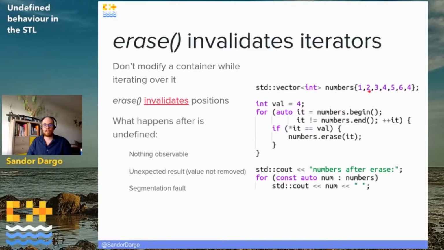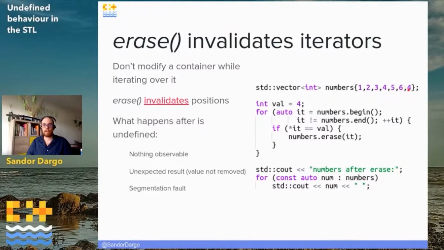So, for example, if I modify this vector and I put two 4s one after the other, only one will be removed. Of course, again, it depends on the compiler you use. But when I was using GCC through Coliru, only one 4 was removed because we jumped over the other.